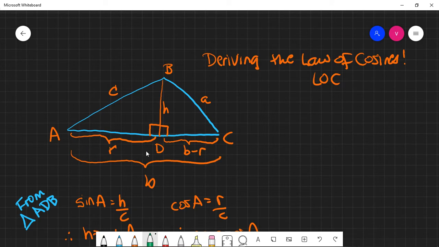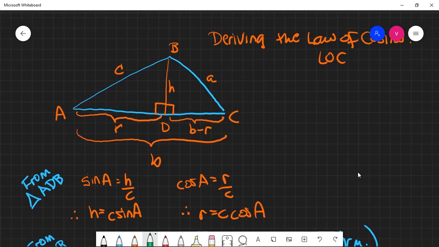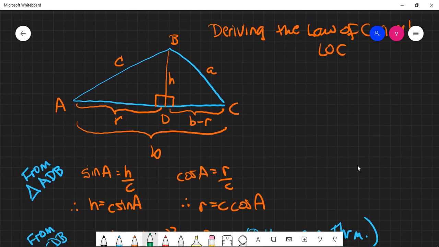So if the whole side opposite of B is side b, this little piece over here is b minus the r. And on the right-hand side triangle, that is the whole side b minus the r right here. All right, so we're going to derive this real quickly.